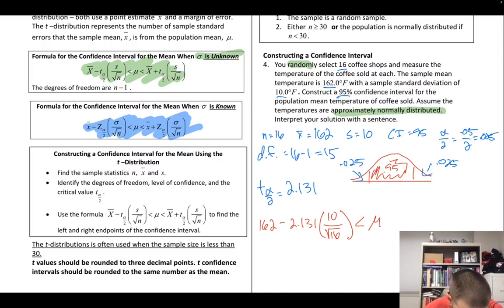And then we essentially repeat that over here, but it is going to be addition. And as we simplify that, we get 156.7, which is less than our mean, which is less than 167.3.